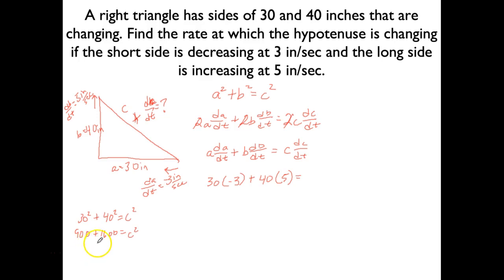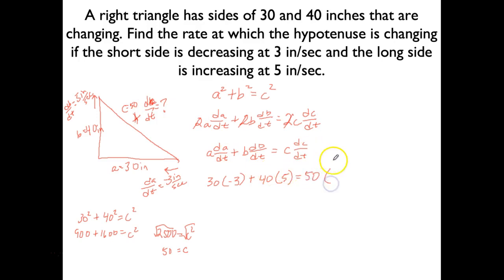You don't have to memorize that, but you can. And my pen doesn't allow me to write here, so I'm going to have to write over here. So that's going to be 2500 equals C squared, and then you square root that, and that's going to give us C is equal to 50. So that's what C is. It's 50 inches.